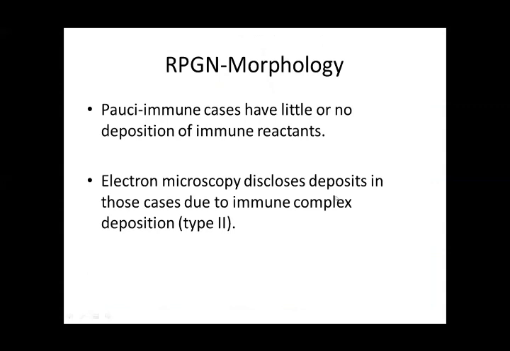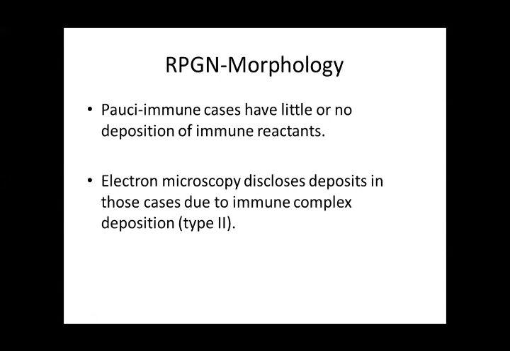Electron microscopy discloses deposits in immune complex cases. My students, we don't have a lot of electron microscopes in our country, and therefore we do not have many facilities for them. Therefore, we can do immunofluorescence studies, and they are not just helpful, they are mandatory for diagnosis.